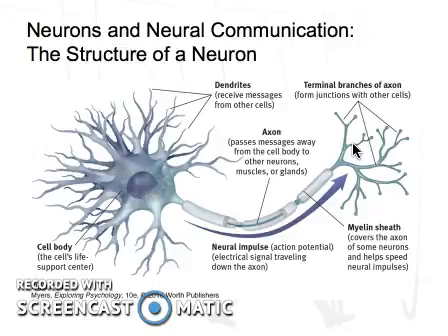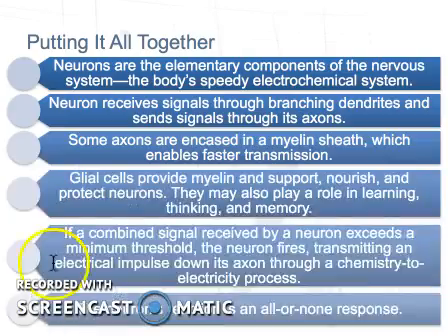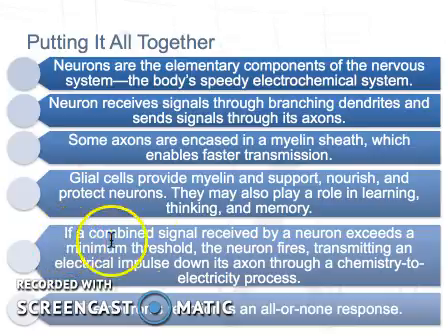So we'll also talk about what's needed for a neuron to fire. This is in your slides. If a combined signal received by a neuron exceeds a minimum threshold, the neuron fires. If you hear that lingo, the neuron firing, that just means it's having an action potential.